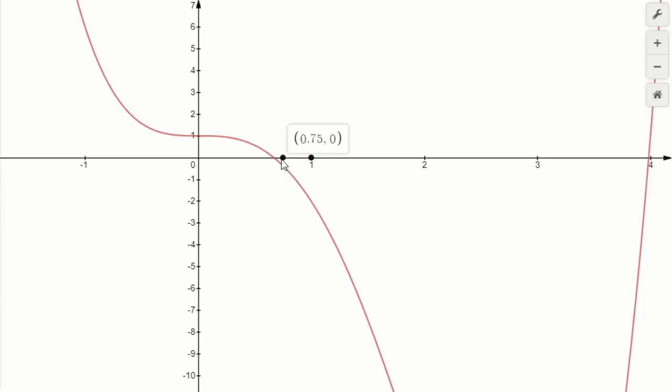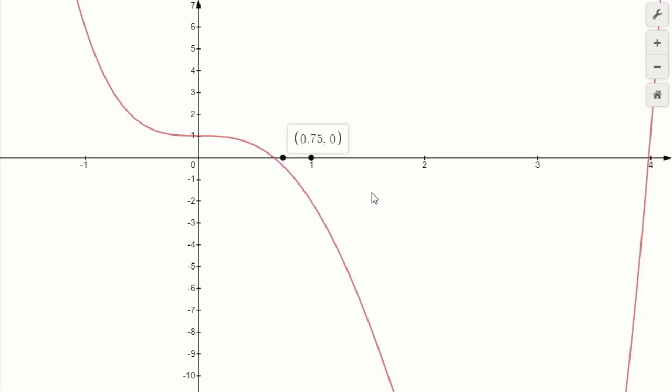From our starting point x0 equals 1, we came to another value that we call x1, which is graphically speaking a lot closer to the solution already. But there's still a little bit of difference between the actual solution and our x1 value.